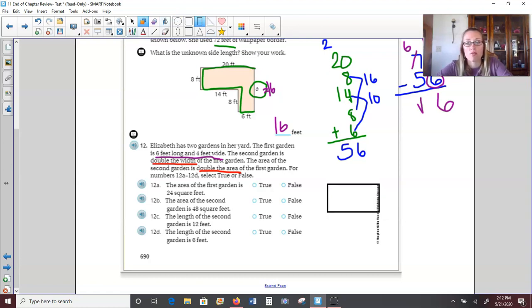So if I drew that, and let's just say this first garden is 6 feet long and 4 feet wide, okay? And the second garden, it said, is double the width. So if it was, and this isn't going to be drawn accurately, but when I throw my labels on, it'll help.